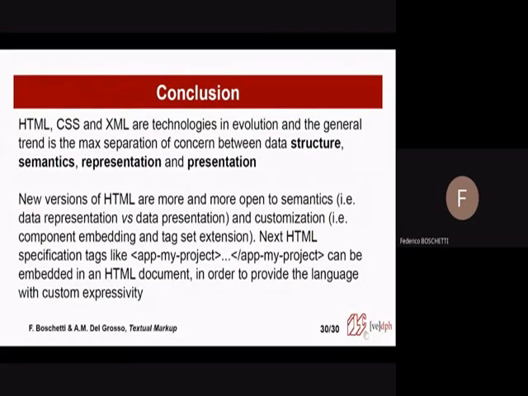And they are more and more open to customization, I mean, component embedding and tag set extension. So in the next HTML specification, tags like app-my-project, for example, can be embedded in an HTML document in order to provide the language with custom expressivity that, as we saw, for example, in HTML5 is not allowed.